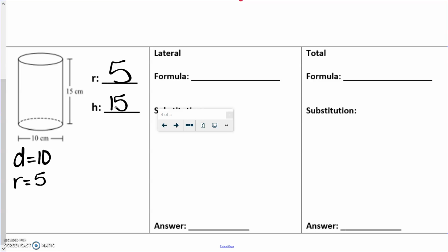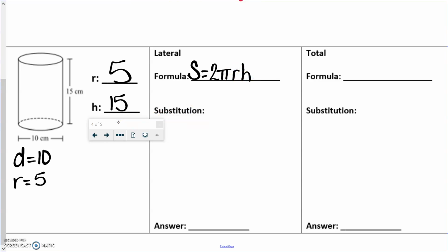Let's remember our formula for lateral surface area is surface area is equal to 2 times pi times radius times the height of the cylinder. Now we can substitute in our values: 2 times pi times our radius, 5, times our height, 15.